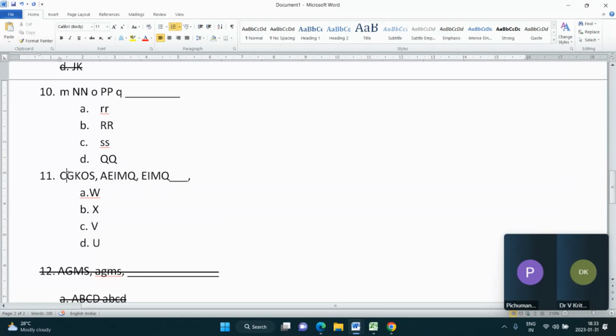There are three items in this sequence. You are supposed to find out the fifth character of the third item. Fifth character of the third item. This particular one.